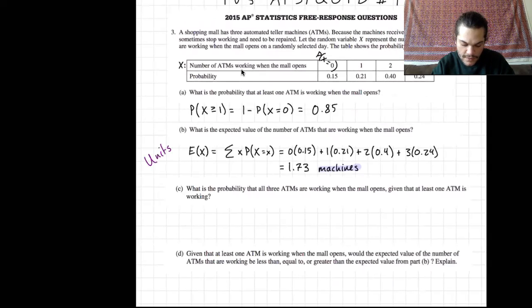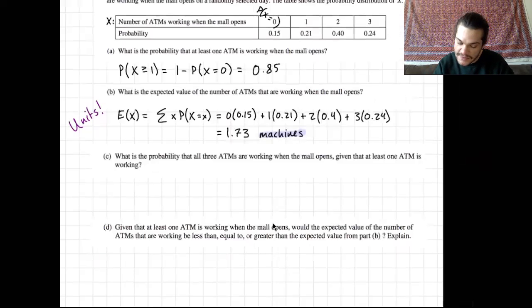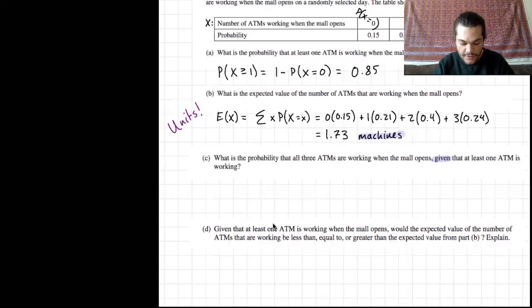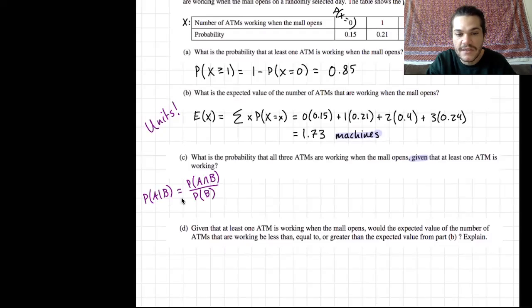Units are important. What is the probability that all 3 ATMs are working when the mall opens, given that at least one is working? So when we see this word given, this is a conditional probability. We want the probability of A given B. So if we review that for a second, the probability of A given B is the probability that both things happen divided by the condition that B happened.